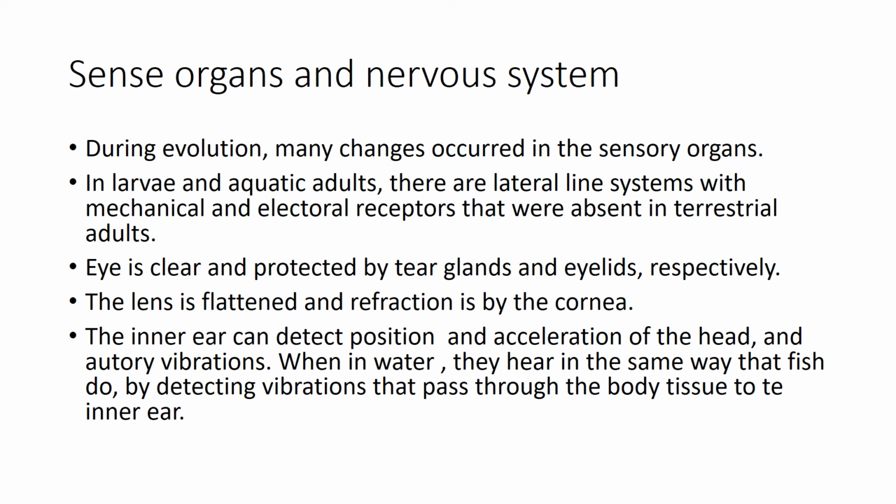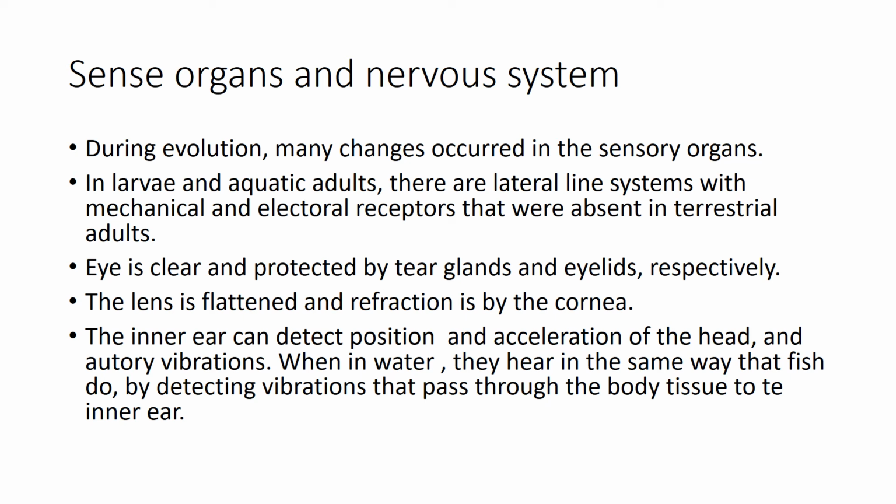So the eye is clear and protected by tear glands and eyelids respectively. Also, the lens is flattened and refraction is by the cornea. Also, the inner ear can detect position and acceleration of the head and the outer vibrations.